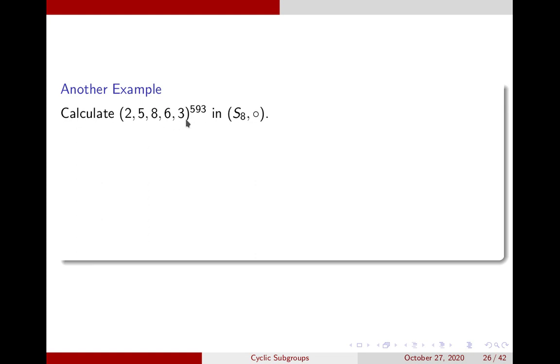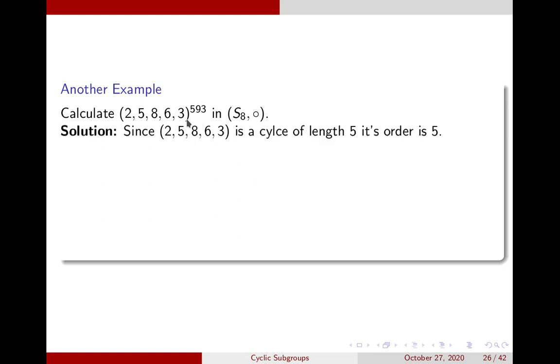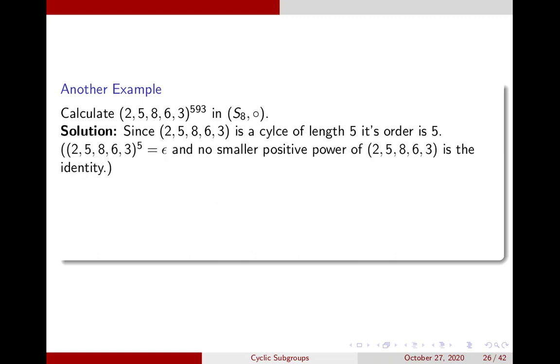Well, this is a cycle of length 5, and therefore its order is 5. As we saw earlier, a cycle of length 5 will be the identity, and no smaller positive power of that cycle will be the identity.